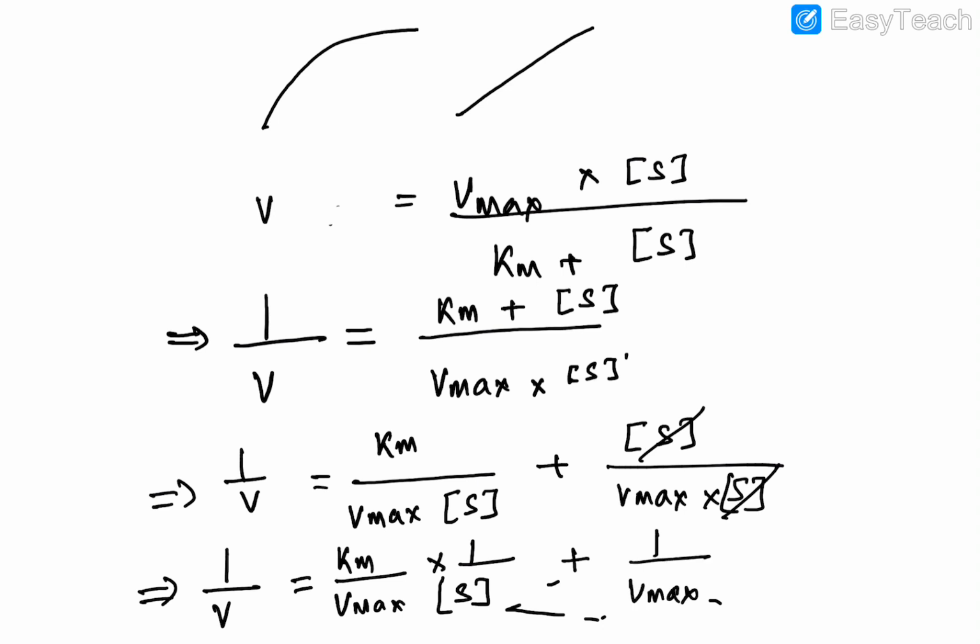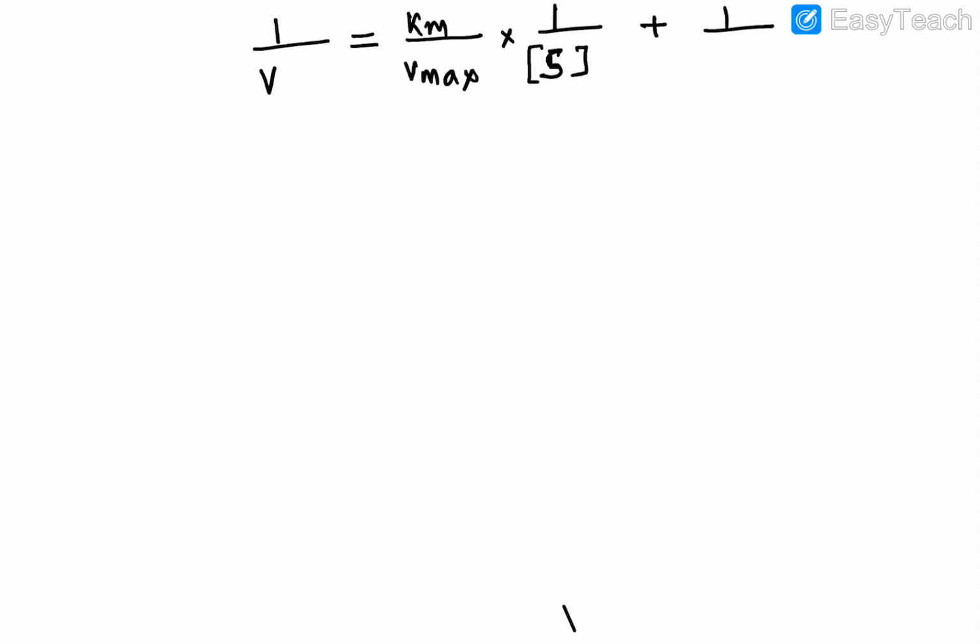So this is what is plotted on the Lineweaver Burk curve. Let me write it out again. 1 by V is equal to Km by Vmax into 1 by substrate concentration plus 1 by Vmax.